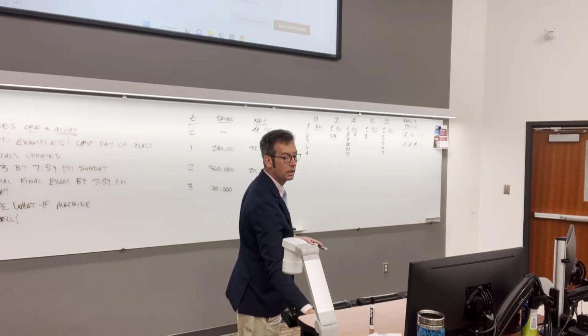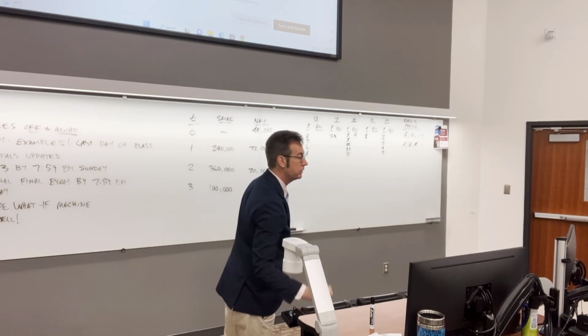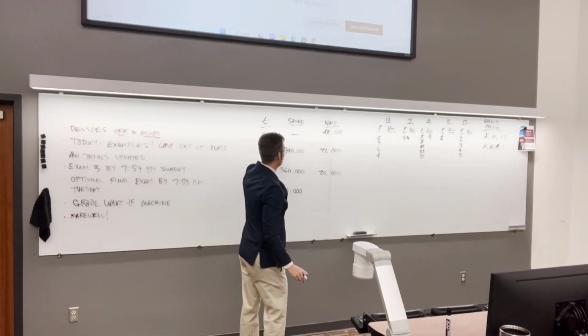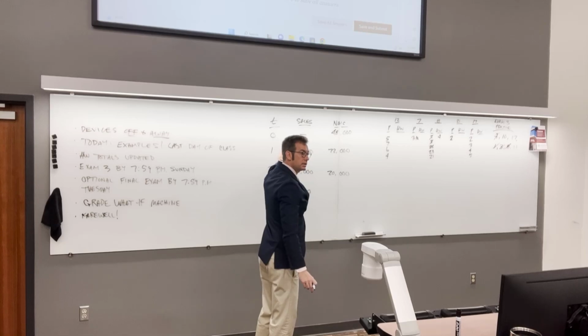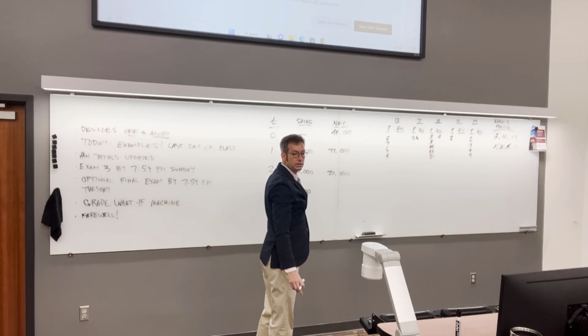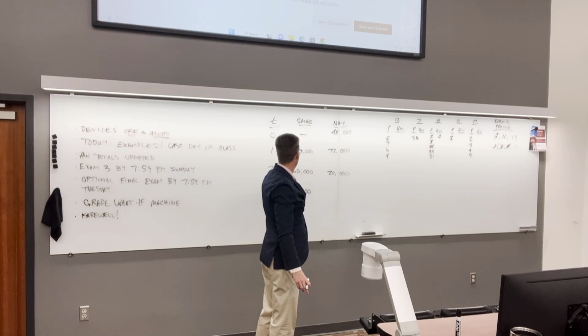Okay, so the sales price will be $40 a unit. 40 times 6,000 gives us 240,000. This one, year 2, they say 9,000. So 9 times 40, 360,000. Is that right?